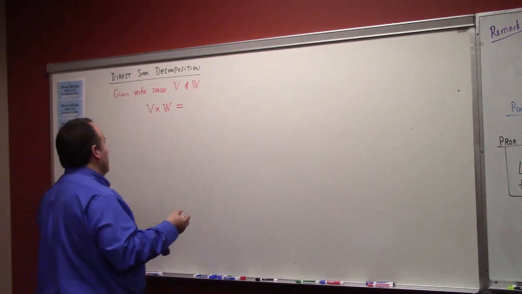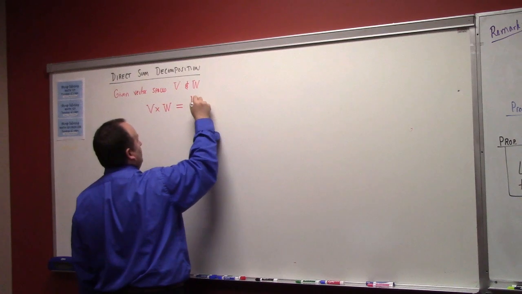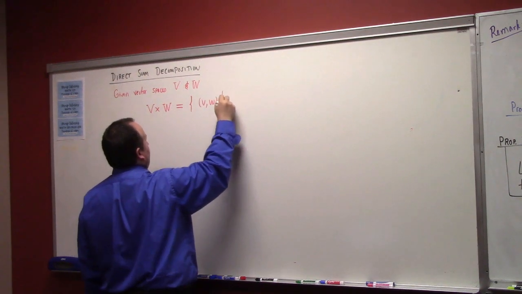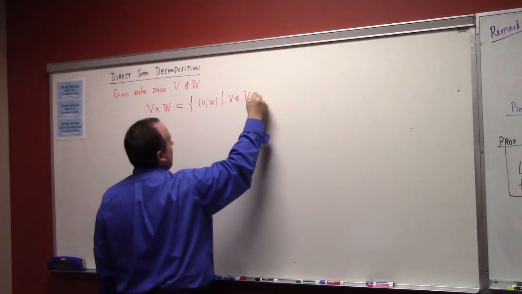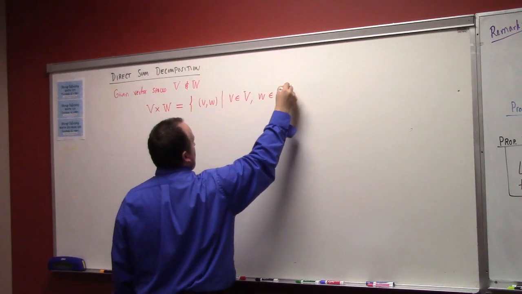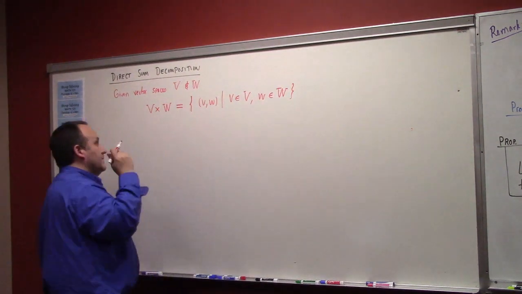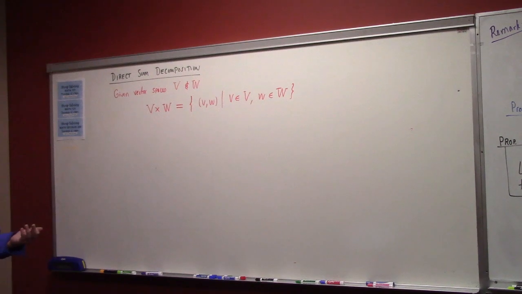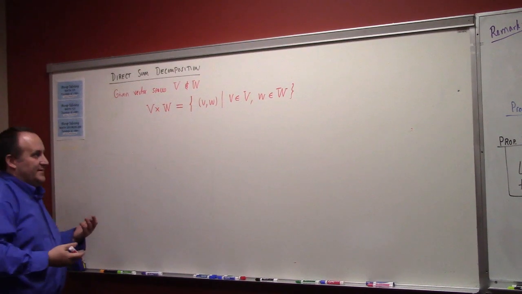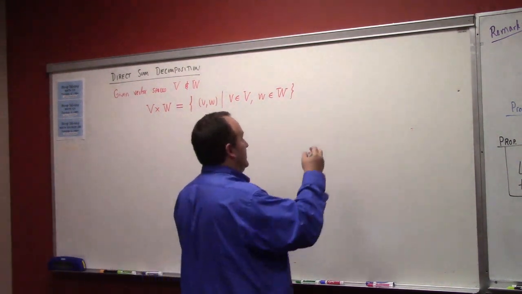And that is a vector space. And this is actually the external direct sum of V and W.